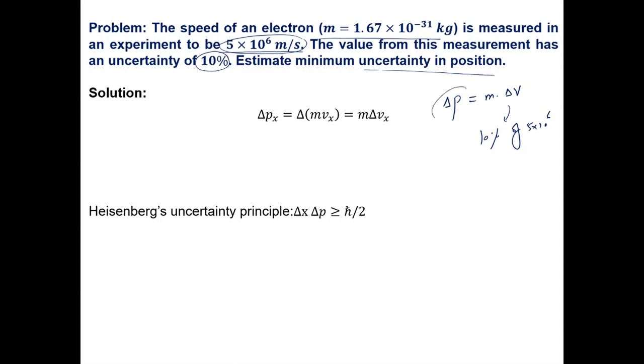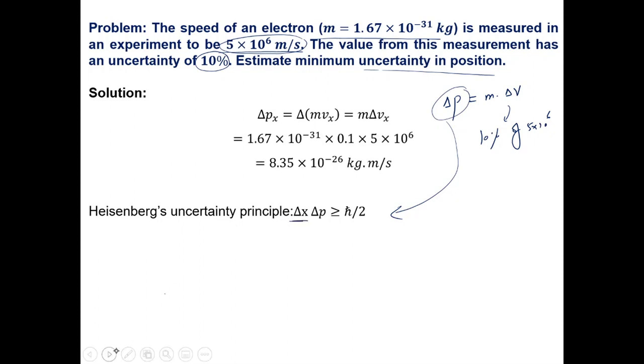From this delta P, we feed this into the uncertainty principle and calculate delta X. So the delta P turns out to be 8.35 into 10 power minus 26 kilogram meter per second. Now we feed this value here, and we see that the delta X is 10 to the power minus 9 meters.